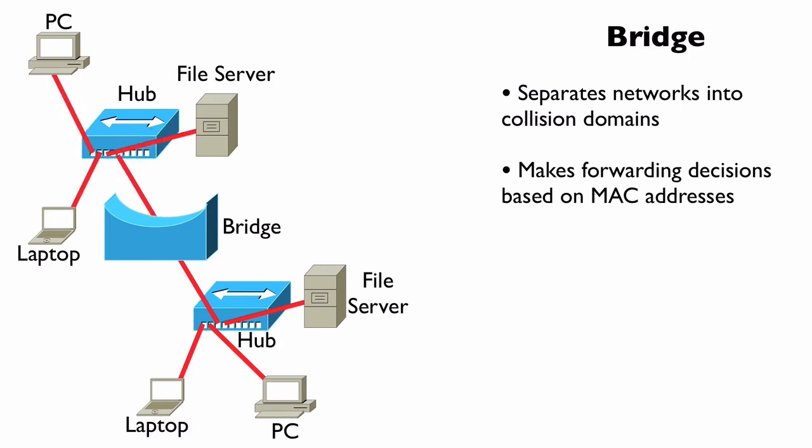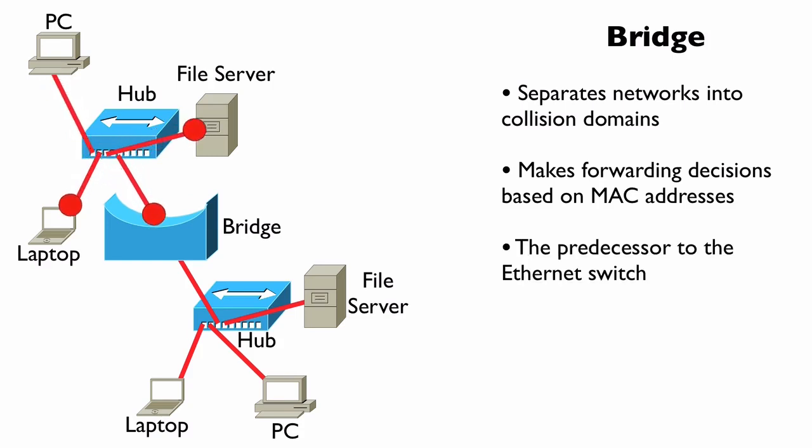And a bridge is really the predecessor of the modern day Ethernet switch. Because like a bridge, an Ethernet switch is going to separate our network into different collision domains. Each port on an Ethernet switch is in its own collision domain, just like a bridge. An Ethernet switch is going to make forwarding decisions based on MAC address information, like a bridge. One of the big differences, though, is performance.